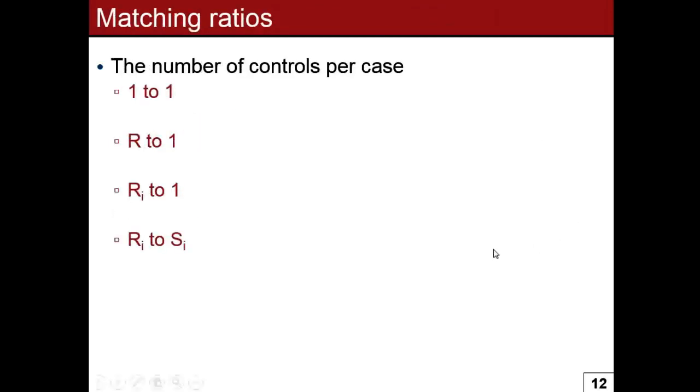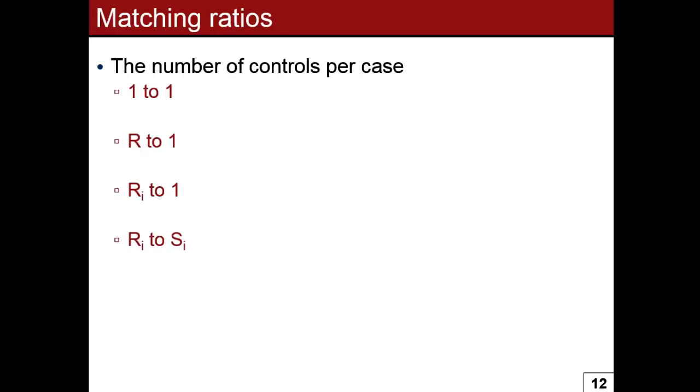I think another piece to think about is that when we talk in the language of matching, a question that comes up is how many controls do we match to each case? In the examples that we all did in the spring, we were generally thinking about one-to-one matching, where you have one control per case. But you can imagine that cases in the case control design are the rare, limiting thing.